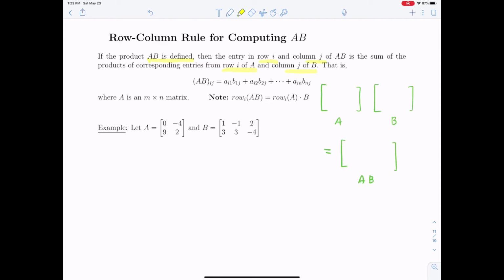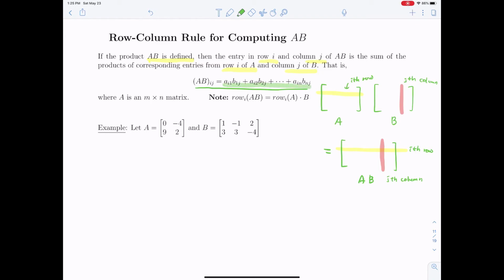If you want to find the ij entry of AB, you take the ith row of A and the jth column of B, and then take the dot product of these two vectors.